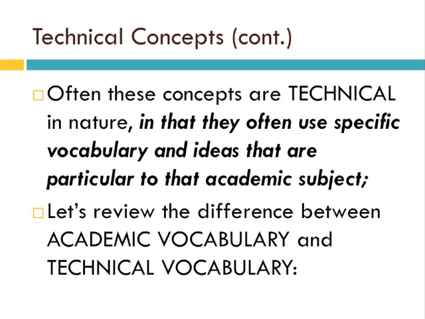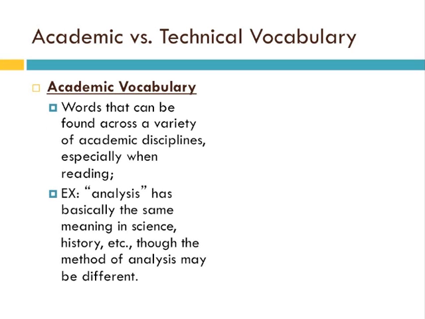Now let's go back for a moment and review the difference between words that we define as academic in nature and words that we define as technical. You might recall that academic vocabulary are words that are found across a variety of academic disciplines, especially when reading. So, for example, the word analysis has basically the same meaning in science and history, etc., although the methods of analysis might be different.